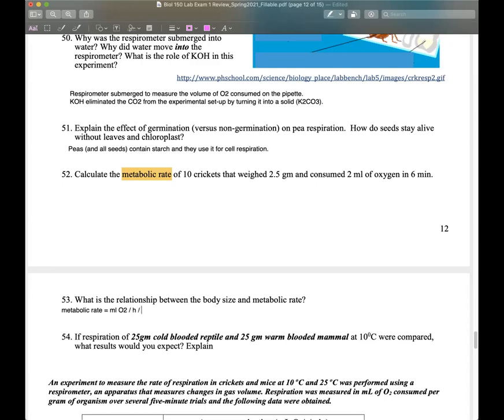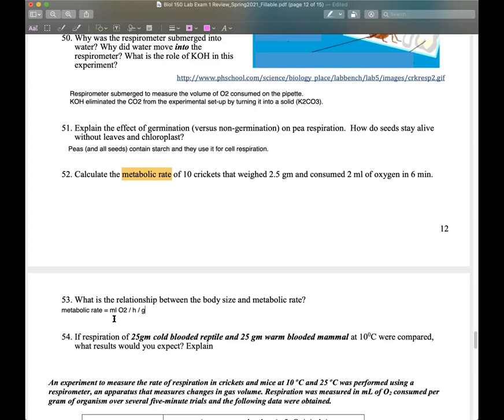So there's another parameter that is taken into account when calculating metabolic rate. Grams, yes, grams. Milliliters per hour is just the respiration rate, but the metabolic rate takes into account the mass of an organism or an object or whatever. So it's milliliters of O2 per hour per gram.